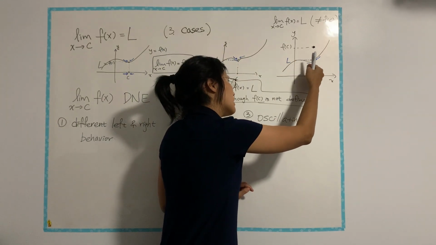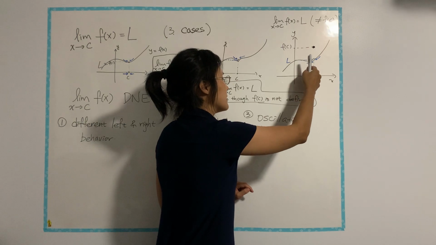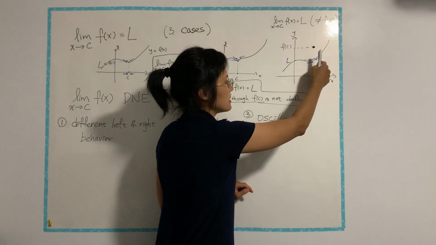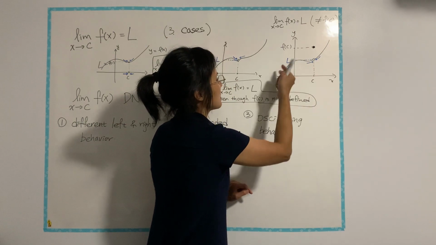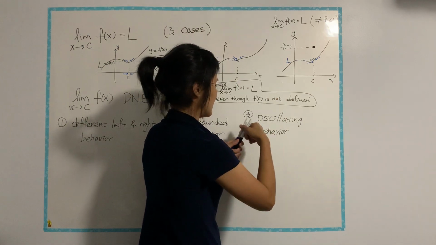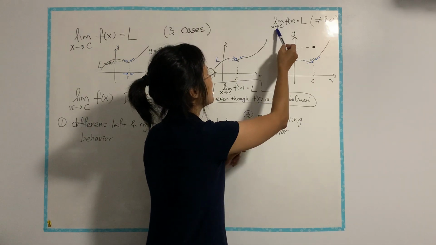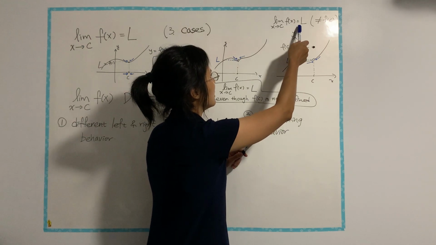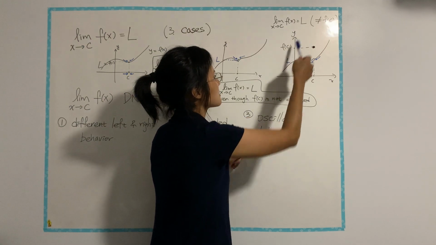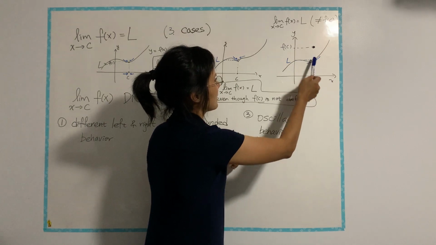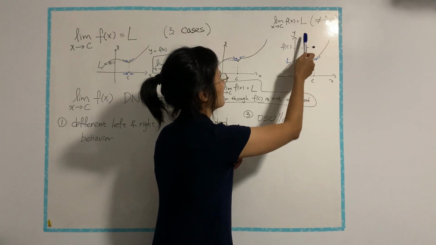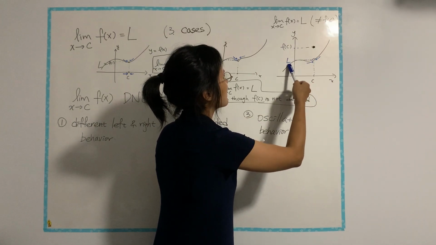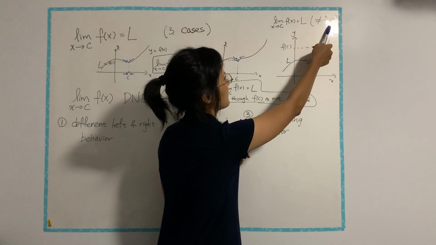The limiting value from the left hand side and the limiting value from the right hand side, they meet. As long as they meet, and it's finite, then I say the limit of f as x approaches c exists and equals L, whatever height or the value L I find here. Okay, even though the L is different from f of c.